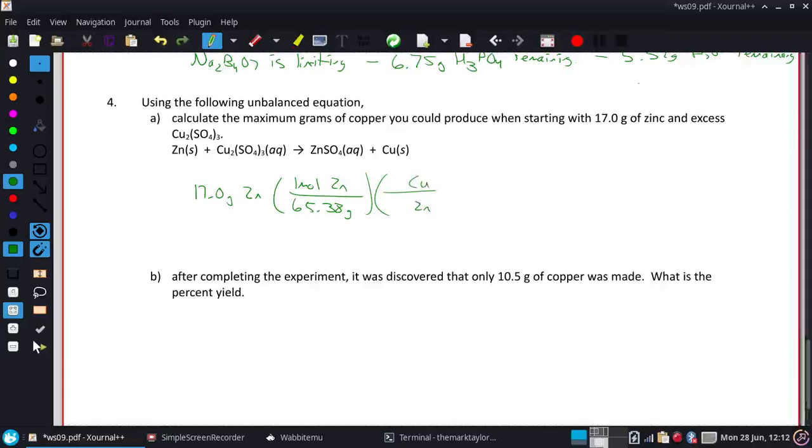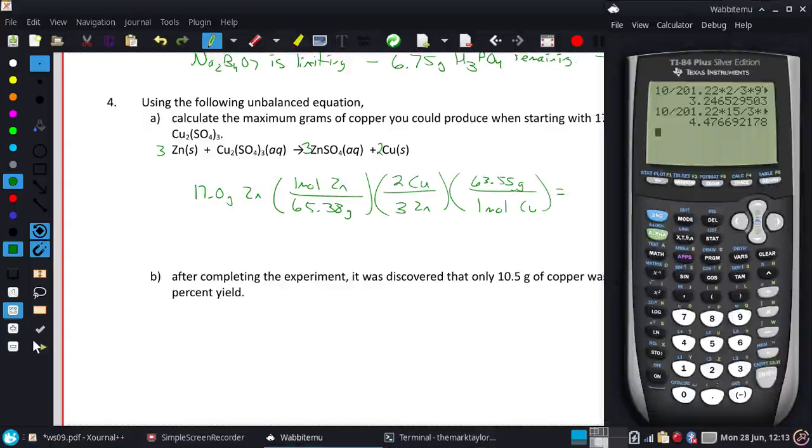All right, but I have an unbalanced equation right now. So the Cu2SO4 tells me I need to have 3 of these to get the sulfates and 2 of those to get the copper. And that gives me 3 zincs. So it gives me a ratio of 3 zincs to every 2 coppers. And then 1 mole of copper happens to weigh 63.55 grams.